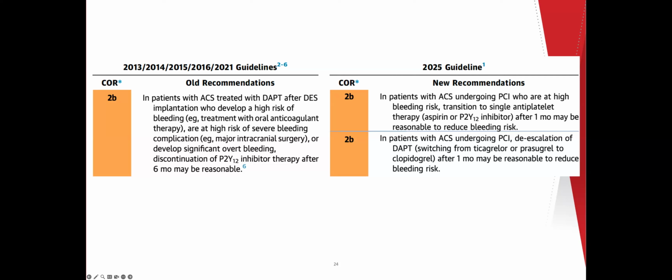Meanwhile, TRITON-TIMI and PEGASUS-TIMI trials suggested that the benefit of more potent P2Y12 inhibitor therapy extends beyond the early phase post-ACS, but with increased bleeding. Because of the mixed nature of these results, unguided de-escalation of P2Y12 inhibitor intensity has a weak 2B recommendation in the 2025 guidelines.